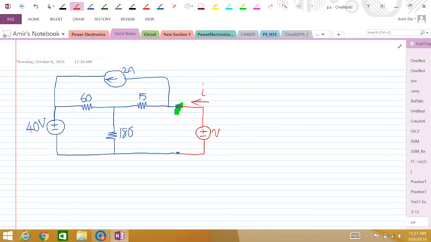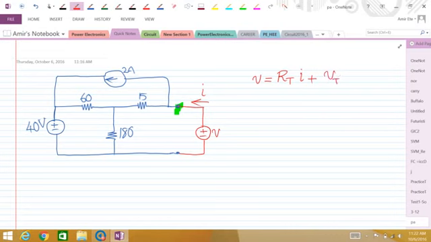Based on these two, we would like to find an equation like V equals R Thevenin I plus V Thevenin.